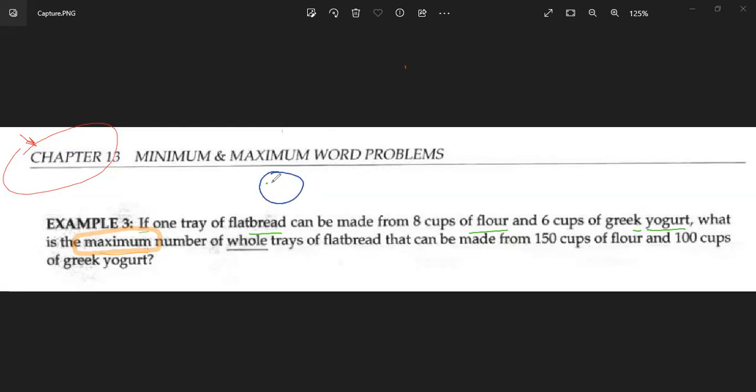This is flatbread. It needs 8 cups of flour plus 6 cups of Greek yogurt. He neglected the other recipe components.